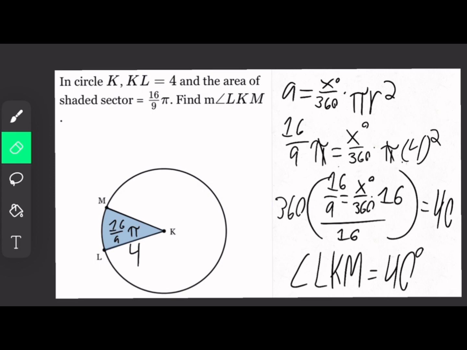So, again, the area of a sector is x degrees over 360 times pi radius squared. Meaning the measure of angle LKM should be 40.